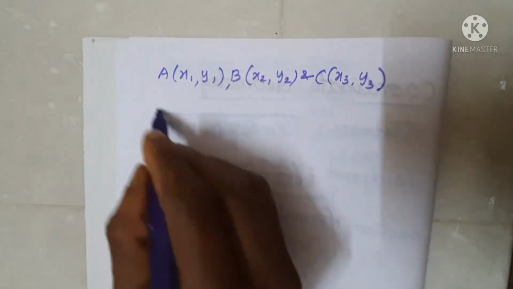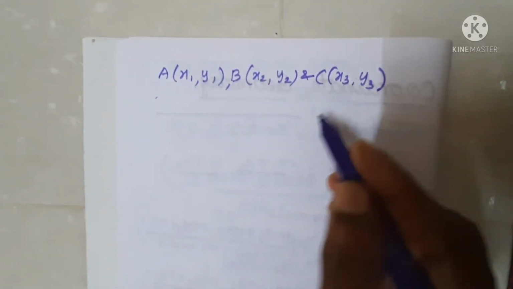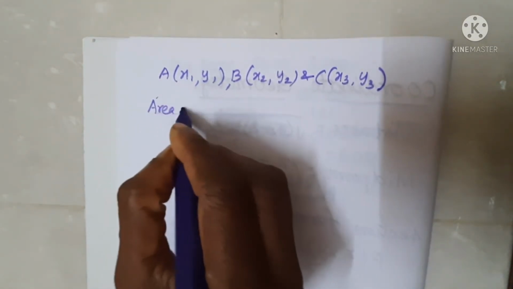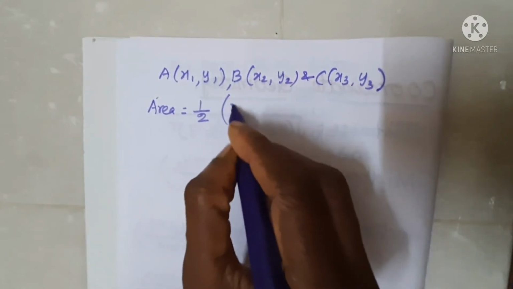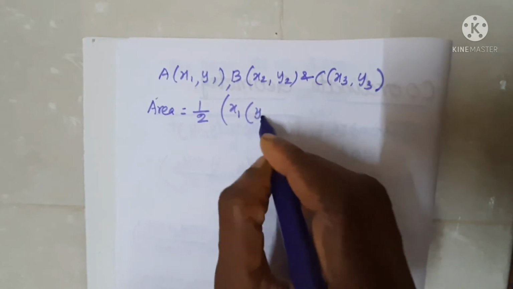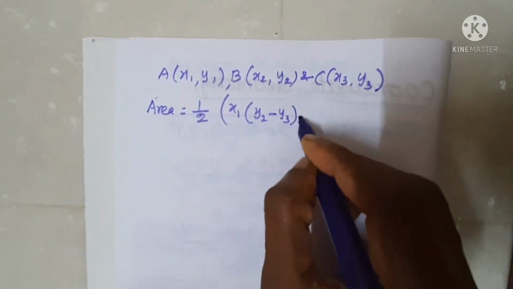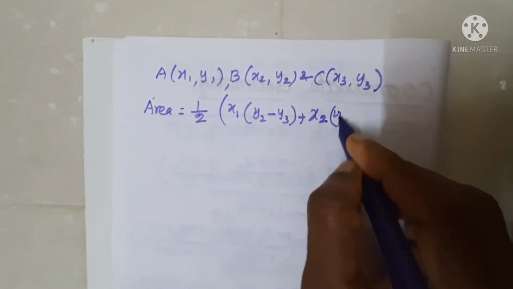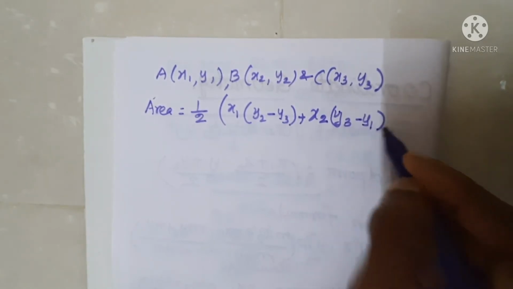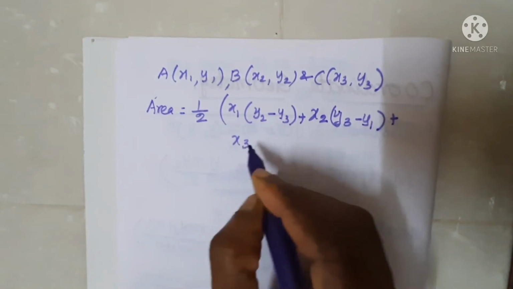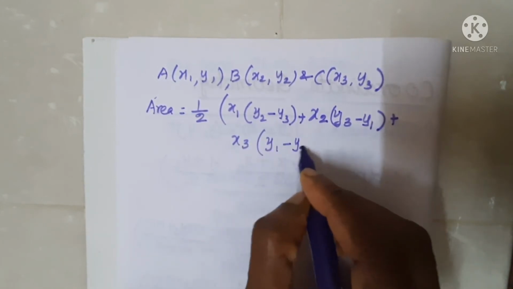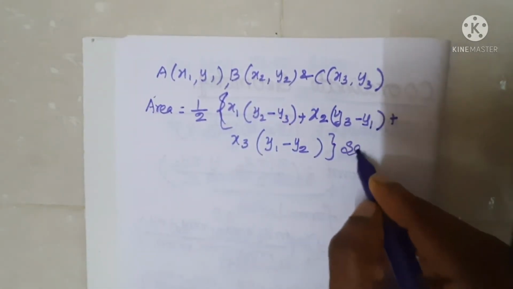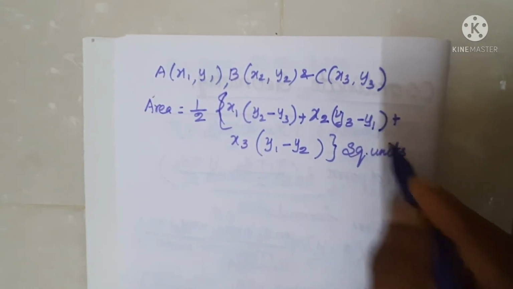These 3 vertices of triangle ABC are given. If so, we use the formula: area is equal to half into [x1 into (y2 minus y3) plus x2 into (y3 minus y1) plus x3 into (y1 minus y2)] square units.